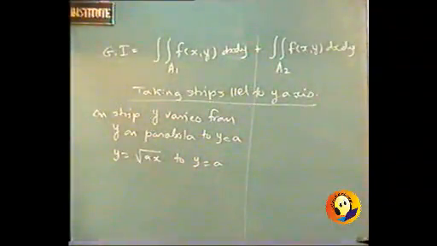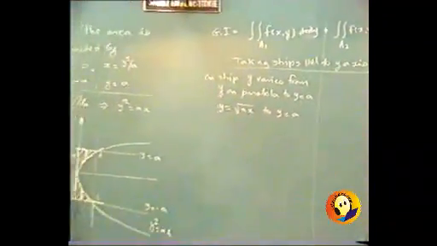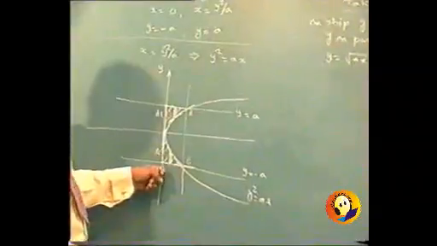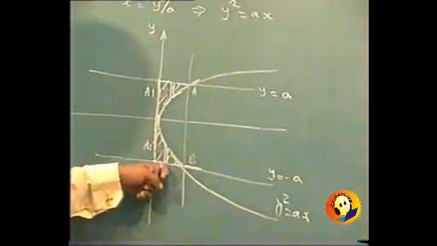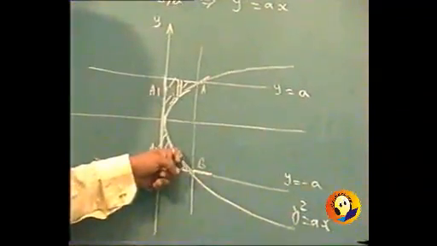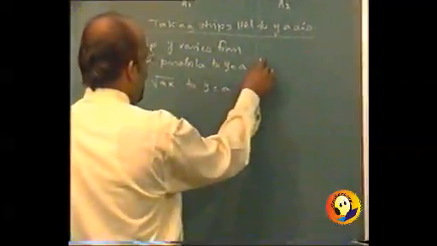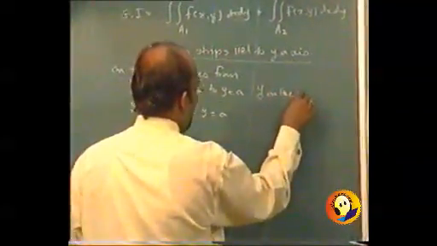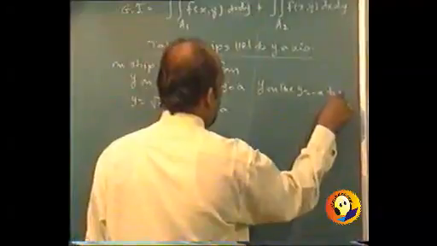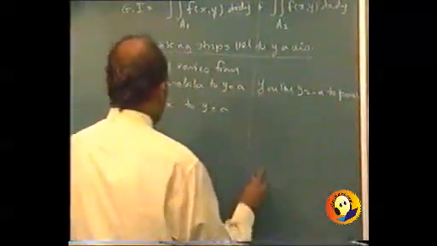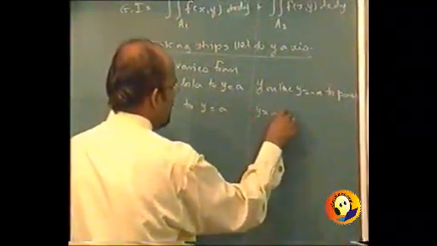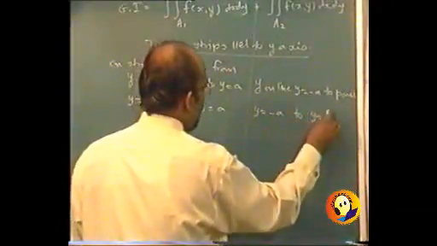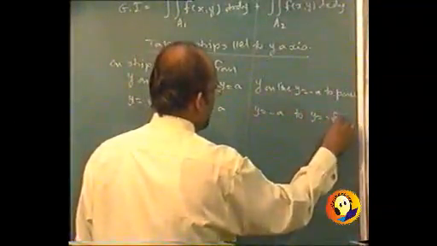Whereas on area 2, the strip is going to begin at y equal to minus a and will be going up to the parabola. So in the second case, y will vary from y equal to minus a to the parabola, and so the limits will be y equal to minus a to y equal to minus root ax.